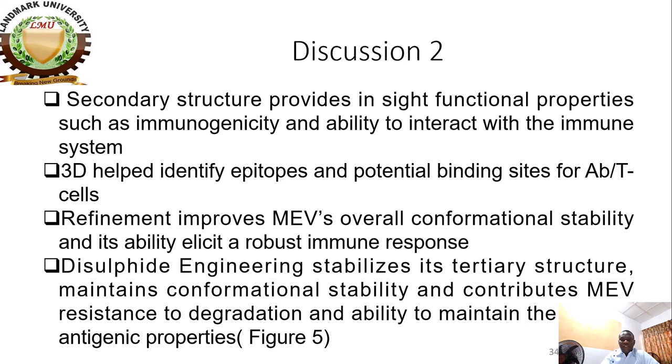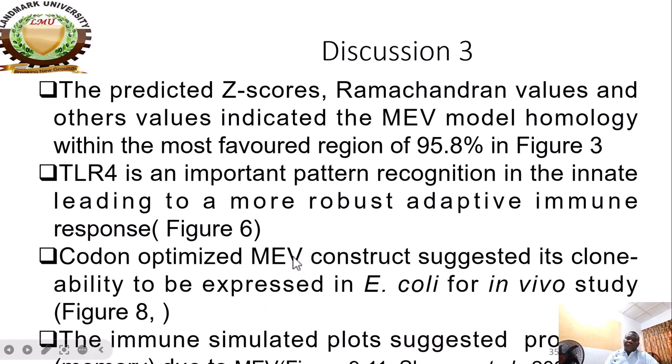The refinement performed by Galaxy shows that the conformational stability and the ability to elicit immune response is very, very positive. The disulfide engineering also suggested stability in the tertiary structure, which maintained the conformational stability of the vaccine candidate.